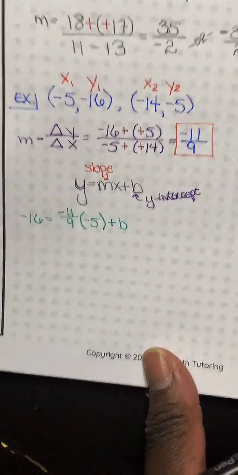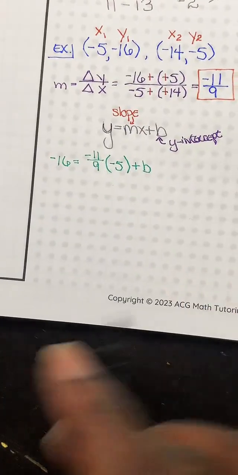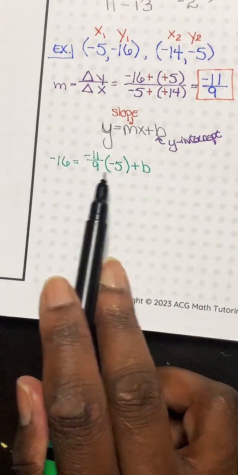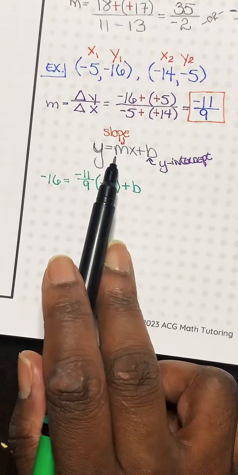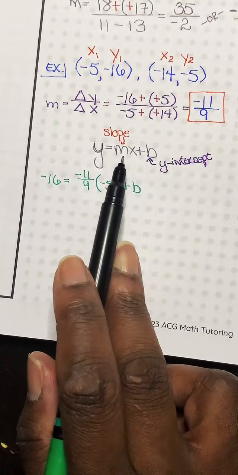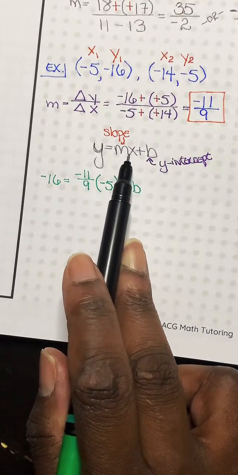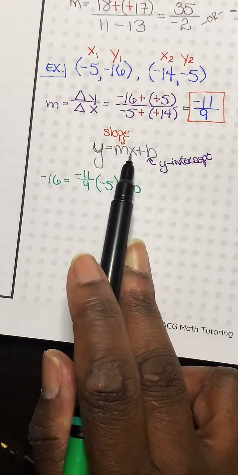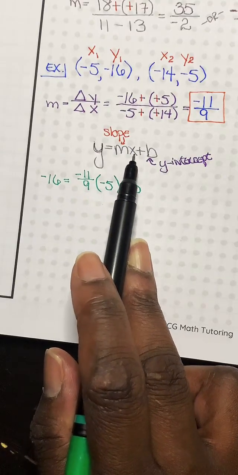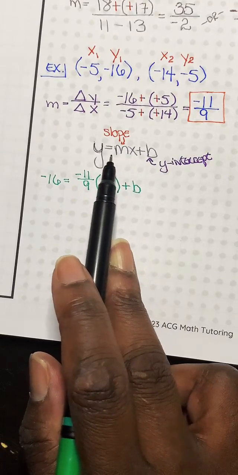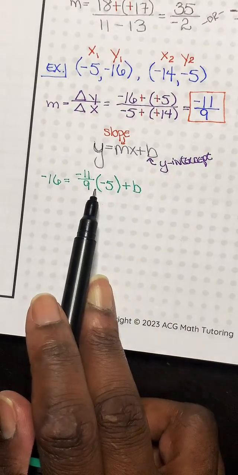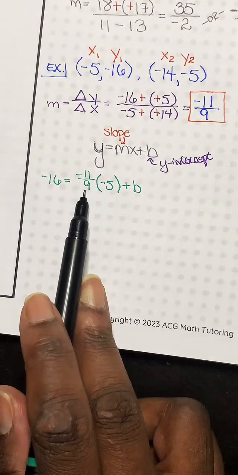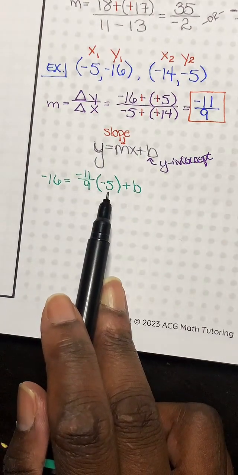So now, let's get to it. Notice I put a parenthesis around the -5 because in the original equation, it's m times x. If you don't see a plus or minus sign between a number and a variable, or two variables, that means multiplication. So now we're going to multiply this fraction with this whole number.